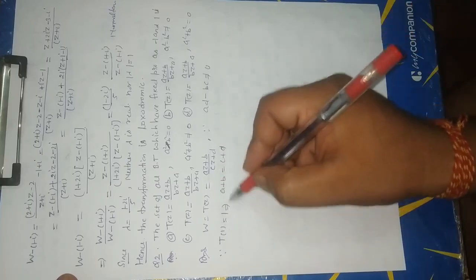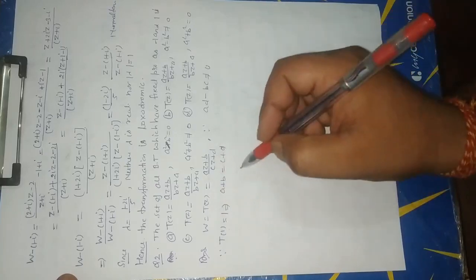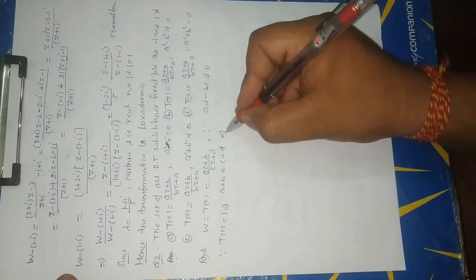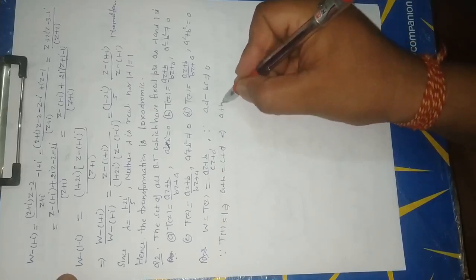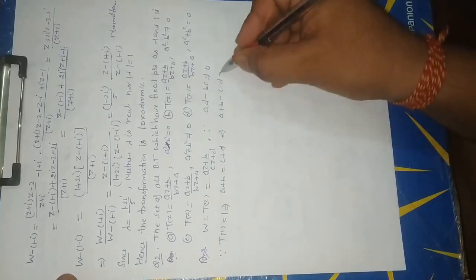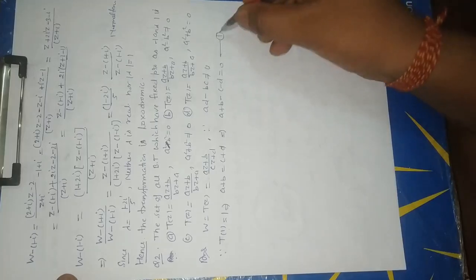Now T(1) is equal to 1, now z is equal to 1, implies that we get a plus b minus c minus d equal to 0, equation number first.